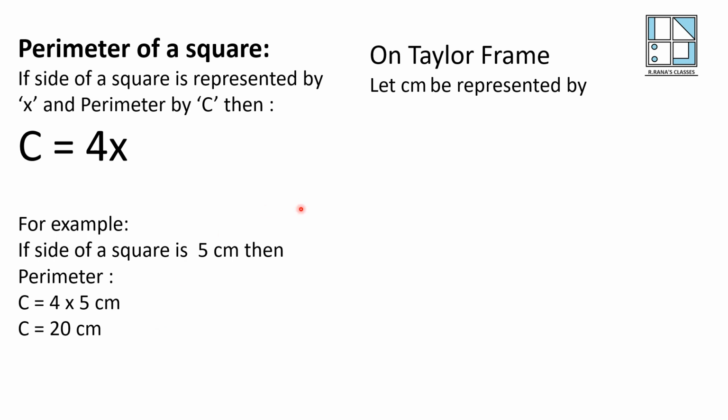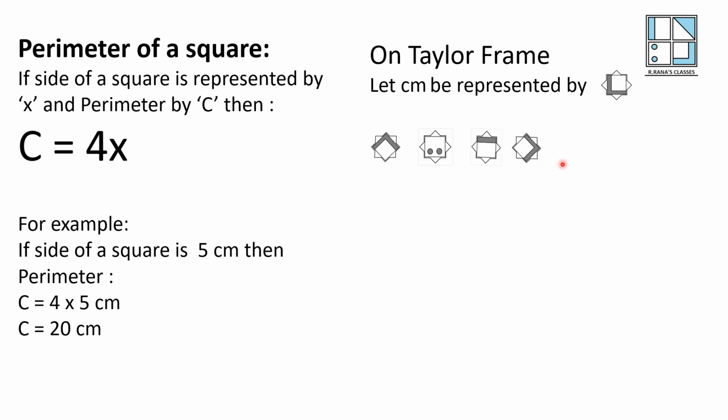On Taylor frame, let centimeter be represented by this type as we did in the previous slide. Then C is equal to 4 times x. Okay, 4x. This same formula C is equal to 4x can easily be represented on Taylor frame.